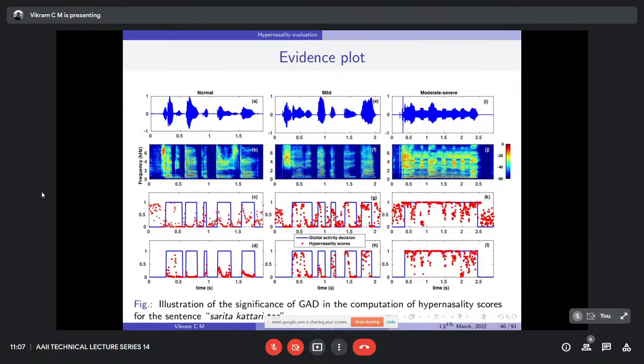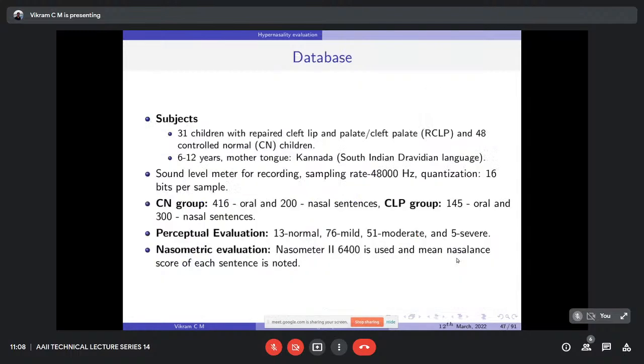To avoid them, we use glottal activity detection. Within the glottal activity detected region, we compute all these frame level scores and average them. For the moderate to severe region, it is clearly discriminable: the normal speech has the lowest score, whereas the moderate to severe cases have the highest scores.